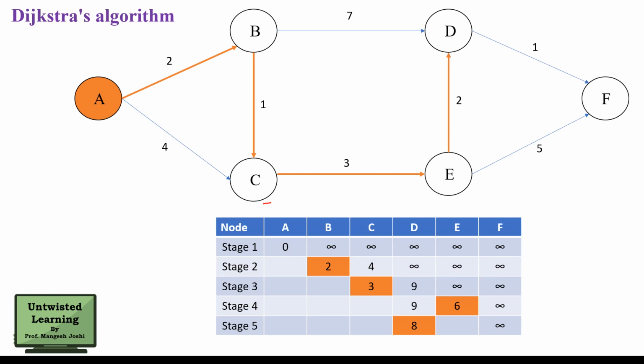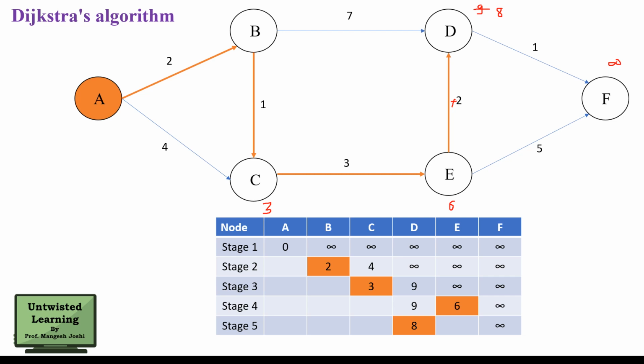Now we have 3 over here, 6 over here, 9 over here and infinity over here. So 6 plus 2. Since CE is fixed, 6 plus 2 is 8, and hence we will update this 9 with 8, right?